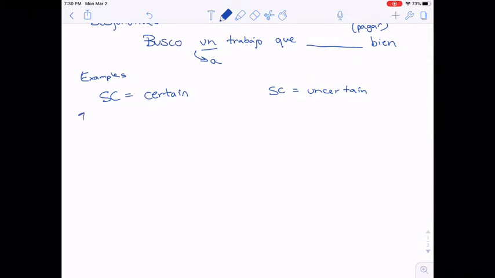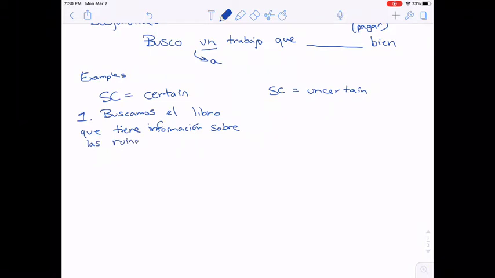First one is buscamos el libro que tiene información sobre las ruinas mayas.